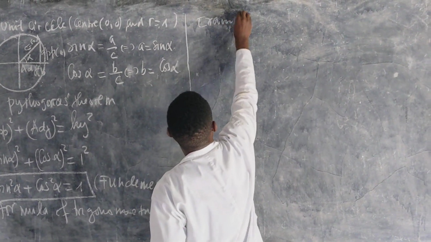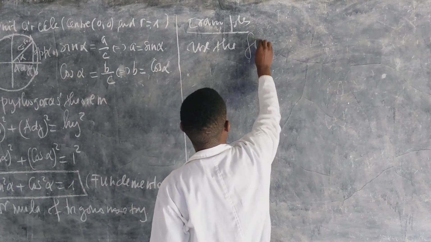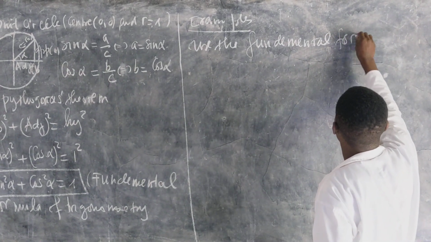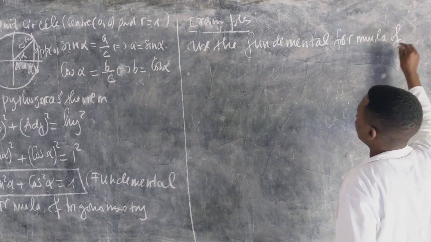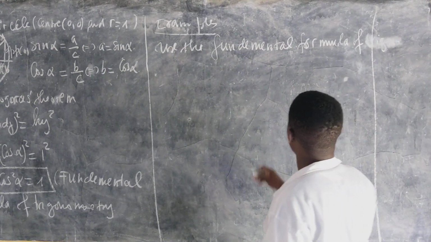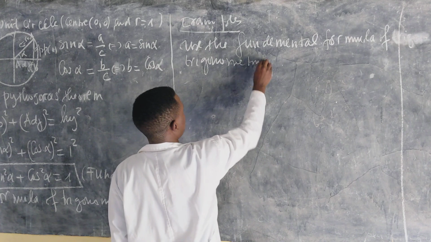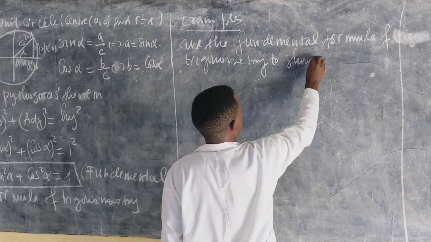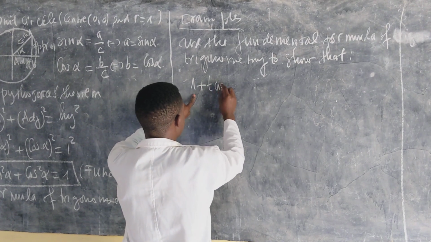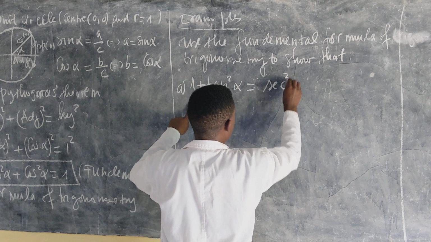So, example: use the fundamental formula of trigonometry to show that one plus tan square of an angle alpha is equal to sec square of alpha.